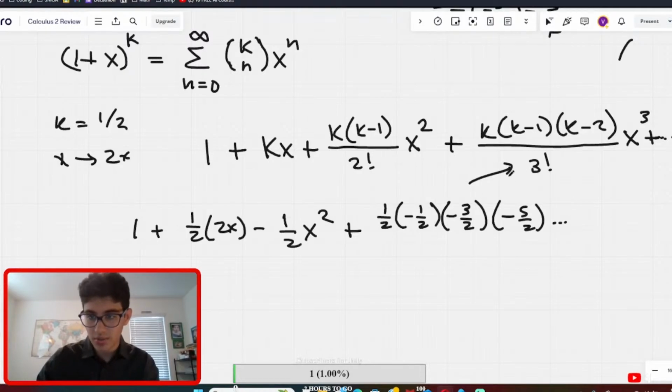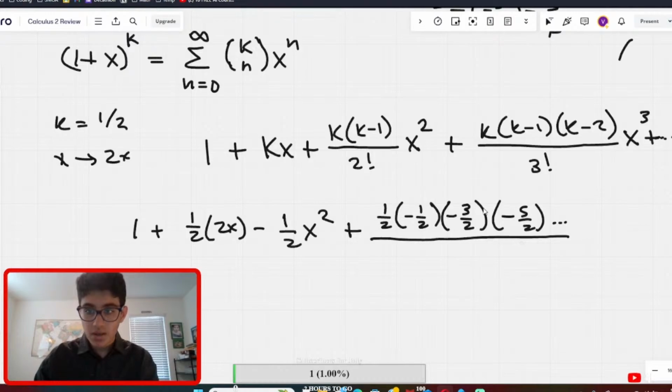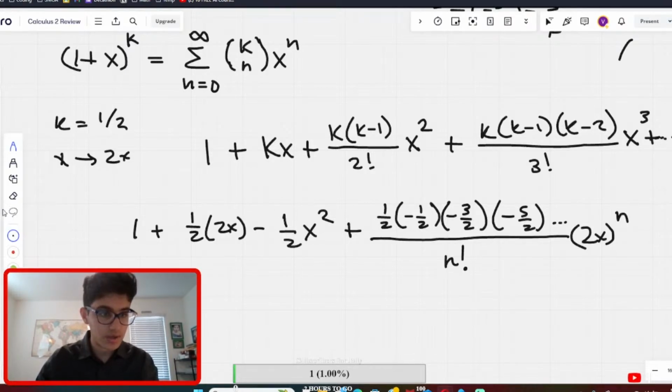I'm not talking about this term anymore, I'm just talking about it in general. This becomes a numerator, and this becomes some n factorial. And this obviously becomes x, but not x, it's 2x to the n, right?